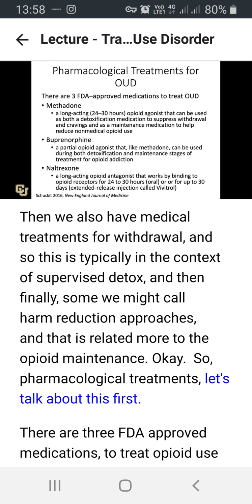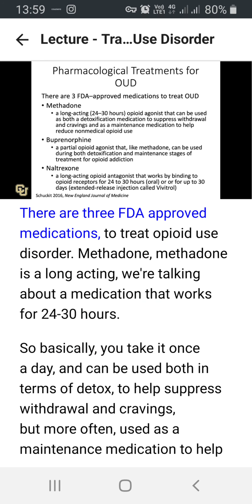Okay, so pharmacological treatments. Let's talk about those first. There are 3 FDA-approved medications to treat opioid use disorder. Methadone.